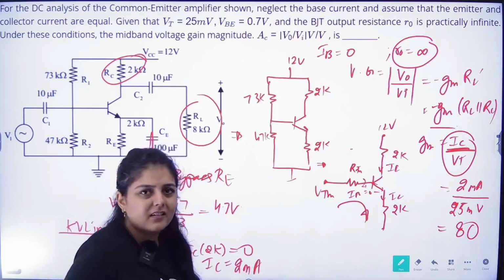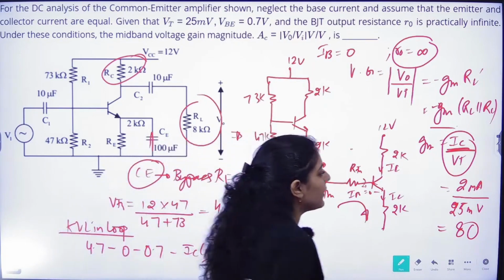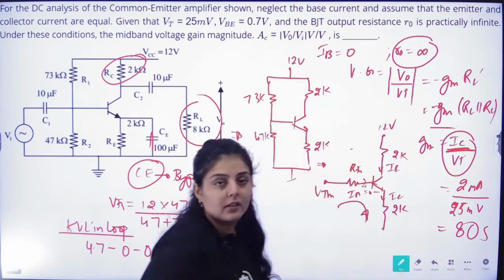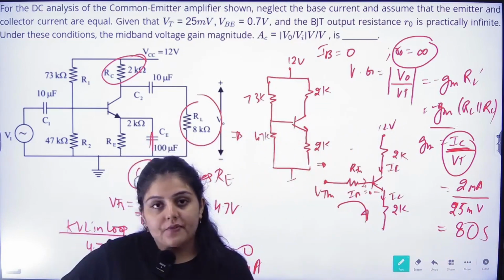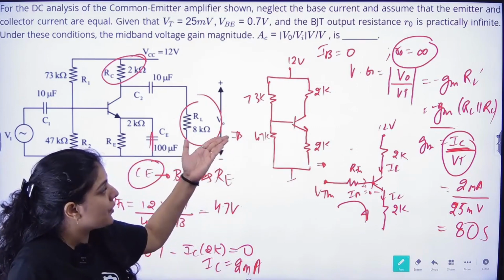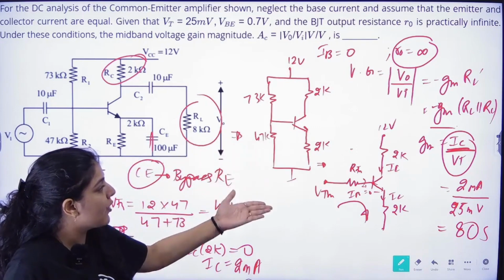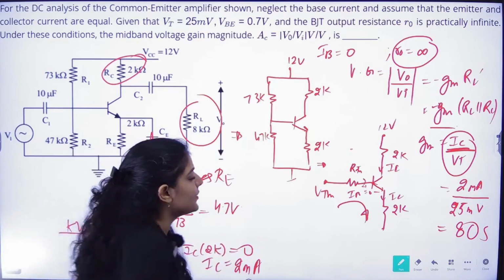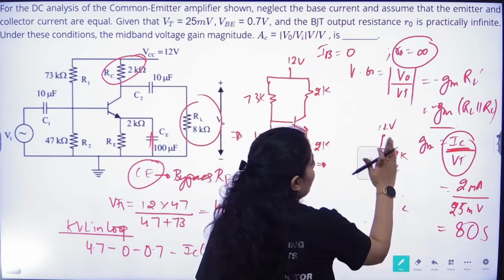GM is transconductance, so the unit will be Siemens. Now after finding the value of GM, everything is known to us. We have to just put the value of GM into the voltage gain formula and find the value of voltage gain.